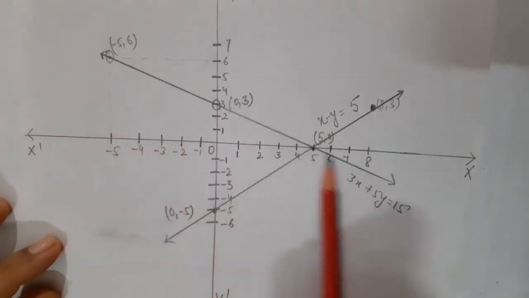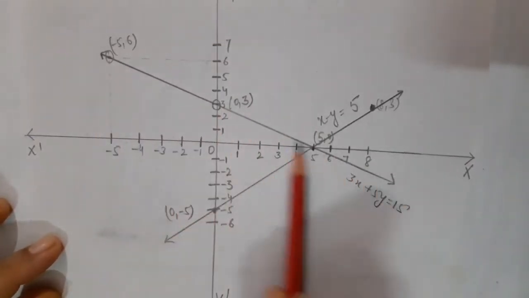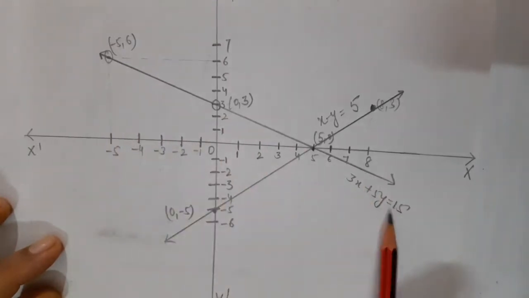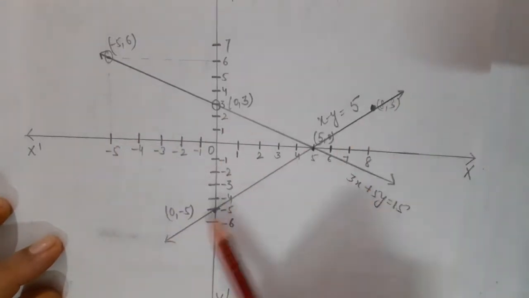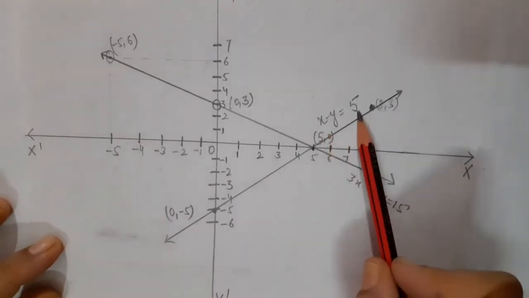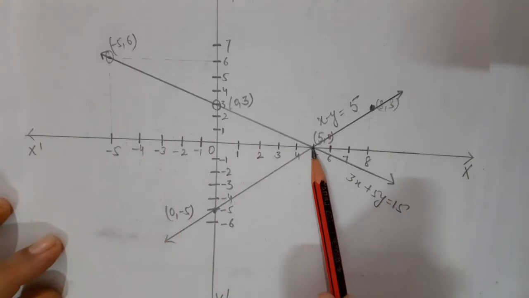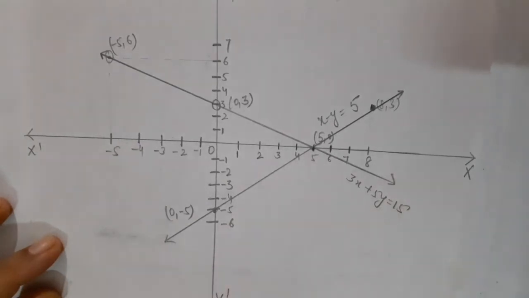Here you can see that this line to what I am indicating is 3x plus 5y is equal to 15 and this line is x minus y is equal to 5. Both of these lines are intersecting. It means there will be unique solution existence. If solution is unique, it means the system will be consistent. So first part we have proved.